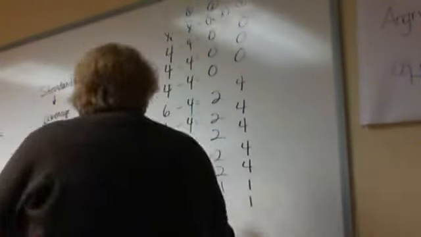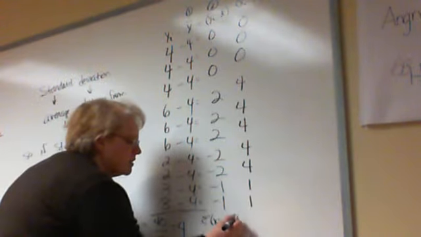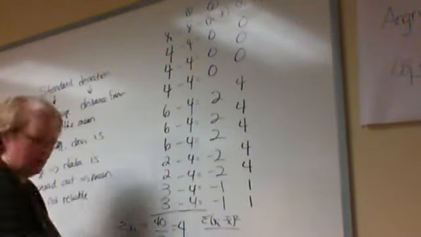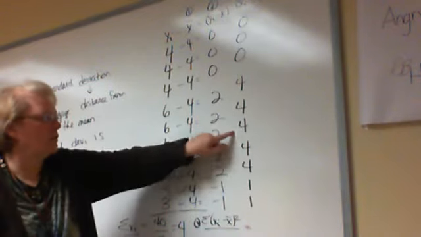What's the big sigma tell me to do? Add up. So step 4 is to sum them. Add the xi's minus x bars squared. Sounds really terrible, doesn't it? What do we have? 4 and 4 and 4 and 4 and 4.